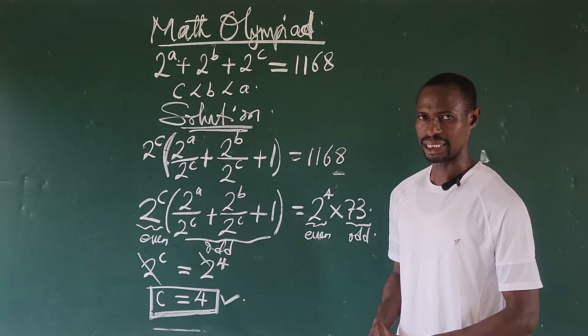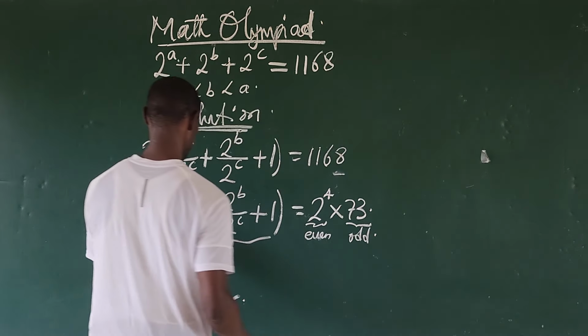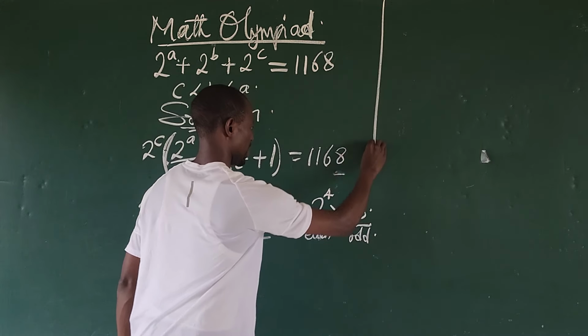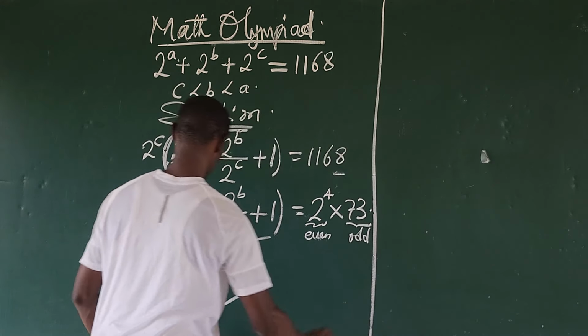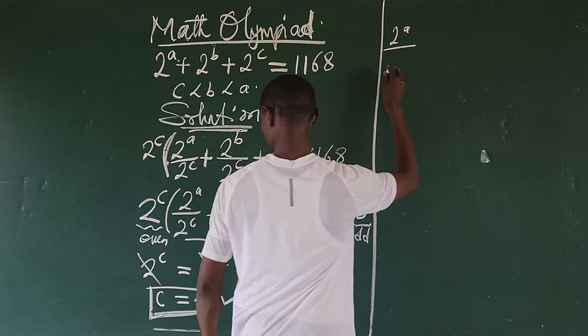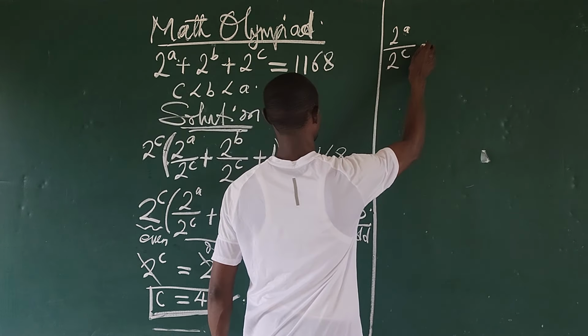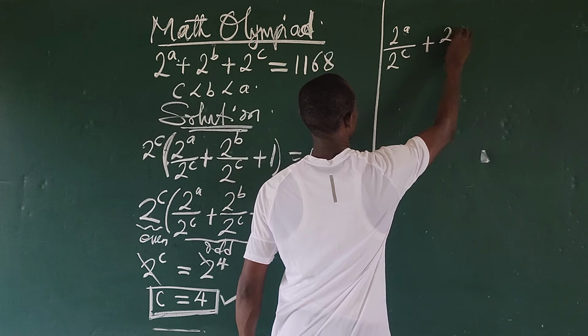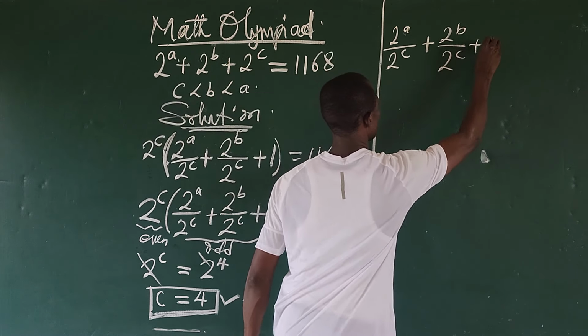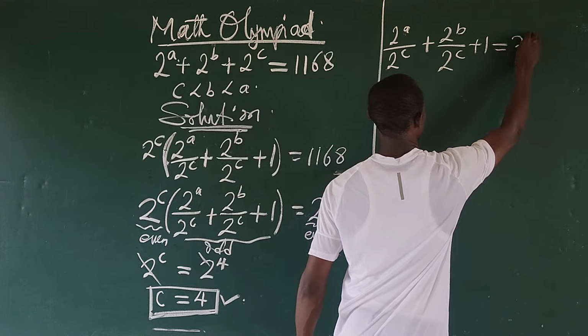Right, so let's look at case 2 of our system, which is equating odd to odd. So let's take this here. So here we have 2 to the power of A over 2 to the power of C, then plus 2 to the power of B over 2 to the power of C plus 1, everything equal to 73.